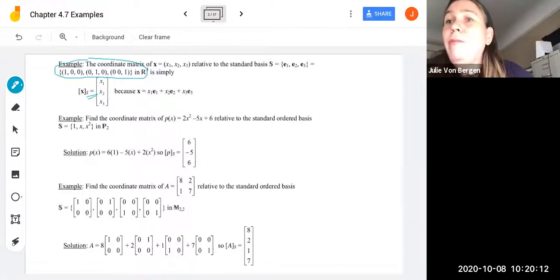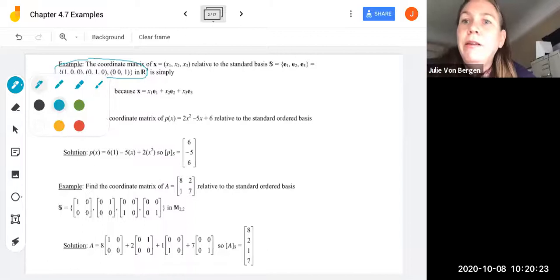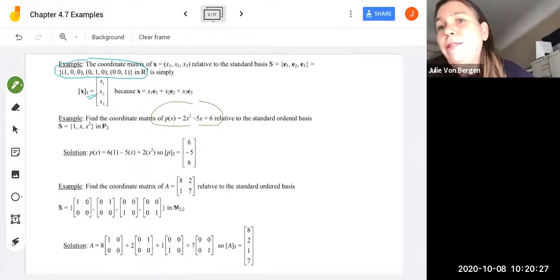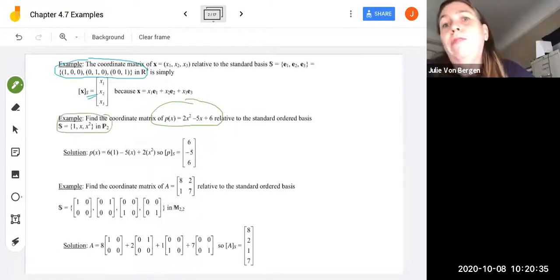When we use more complicated bases, this is where we are going to need to figure out these scalars that multiply through. In the next example, we're going to find the coordinate matrix of the polynomial 2x squared minus 5x plus 6 relative to the standard ordered basis. For second degree and less polynomials, that standard ordered basis is 1, x, and x squared.